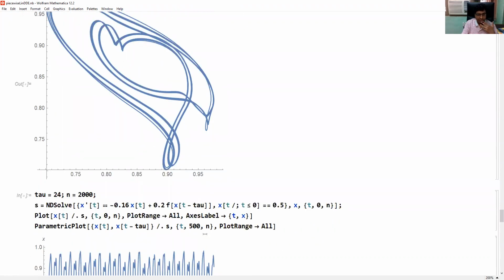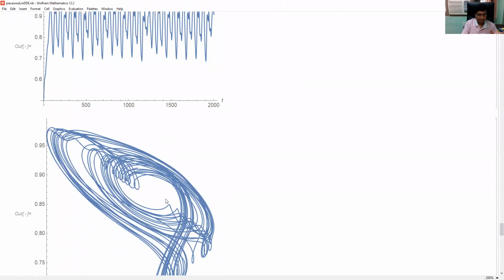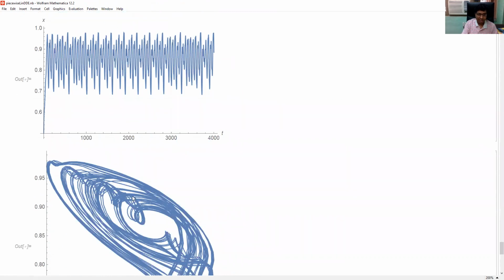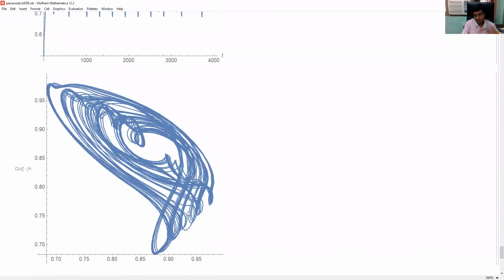If we take 24, then it is almost chaotic. In that paper, the author has taken 25. So 25 gives like this. These are very beautiful figures. Chaos is used in arts also. So chaotic attractors and fractals.